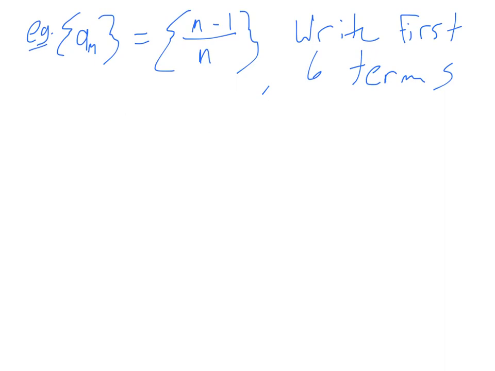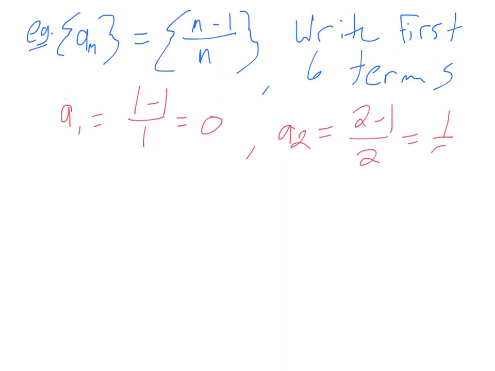All right, so the first 6 terms of this sequence will be a sub 1, which is going to be 1 minus 1 over 1, which is 0, of course. A sub 2, which will be 2 minus 1 over 2, which will be 1/2. A sub 3, which will be 3 minus 1 over 3, which will be 2/3.